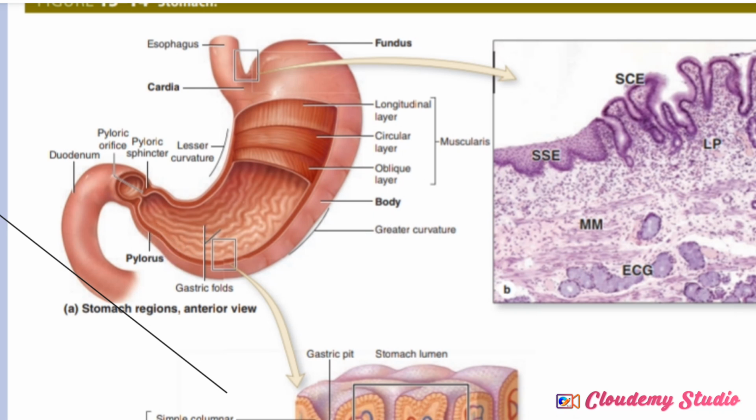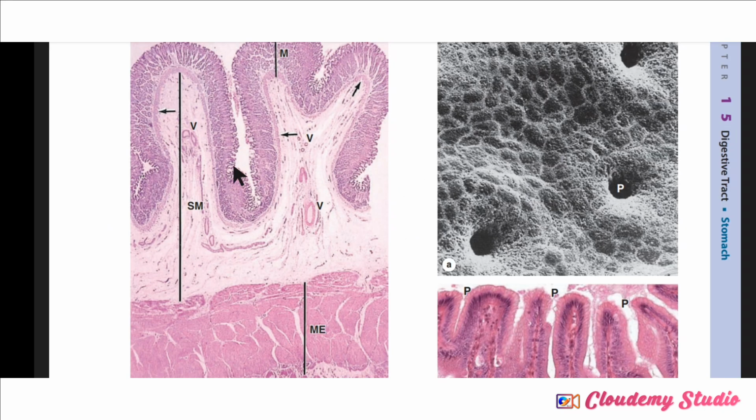Now, the stomach itself shows folds. I'm going to show you a fold. They call it rugae. Look at this. This is a histological structure of the stomach that is showing rugae.